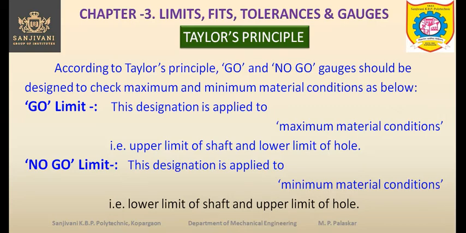That means when the shaft has minimum size, the material is minimum, and when the hole has maximum size, the material is also minimum. If the hole is larger, the material will be minimum, and if the shaft is larger, the material will be maximum. So this is just common sense.